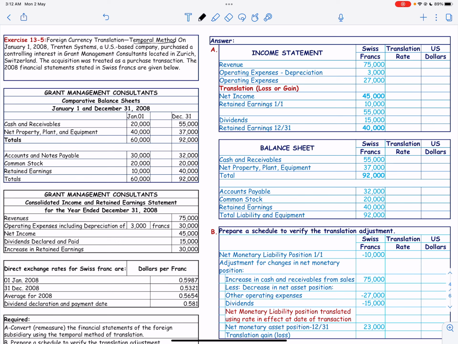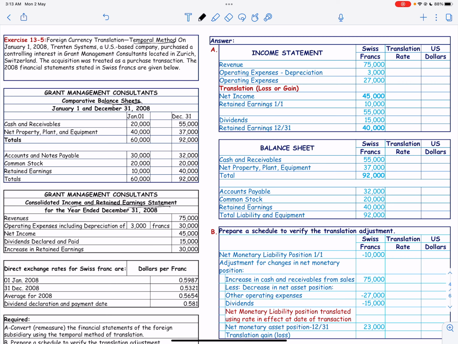The acquisition was treated as a purchase transaction. The 2008 financial statements stated in Swiss francs are given below. We have the balance sheet, and we have the income statement and retained earnings statement.